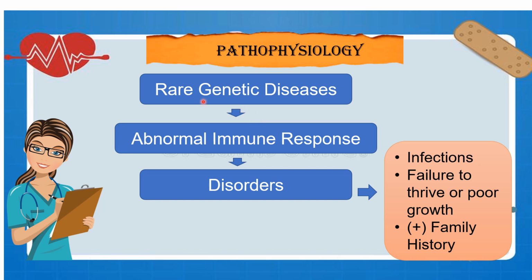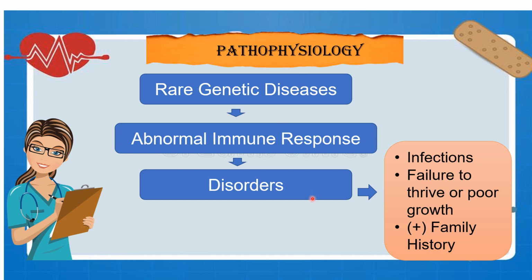These rare genetic diseases prevent the body from developing normal immune responses. There is an abnormal immune response that results in a complex group of disorders with a wide array of clinical presentations. So, many present during the first year of life and may be chronic, debilitating, and costly.